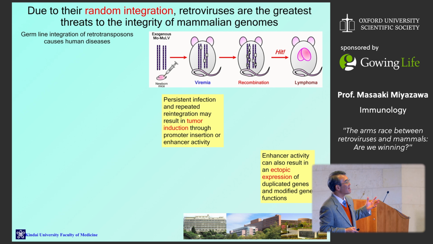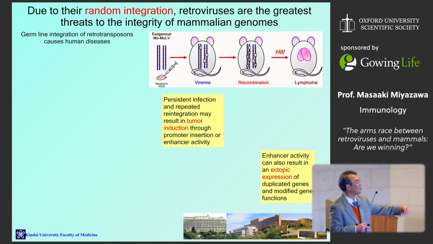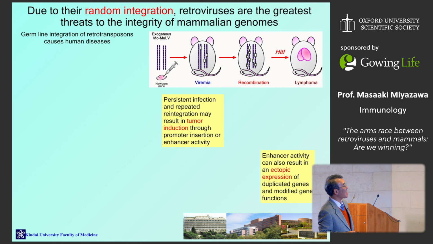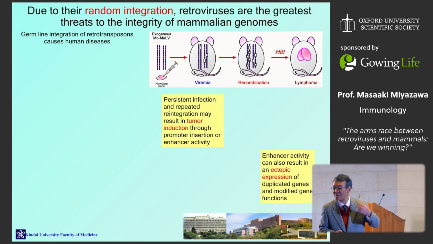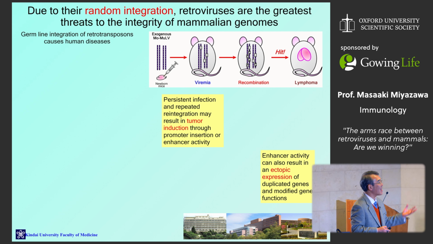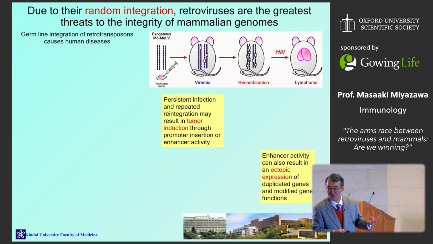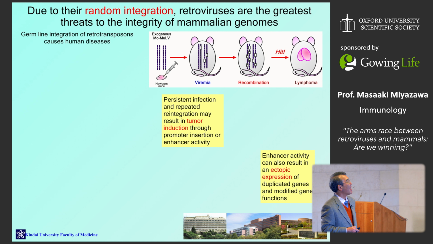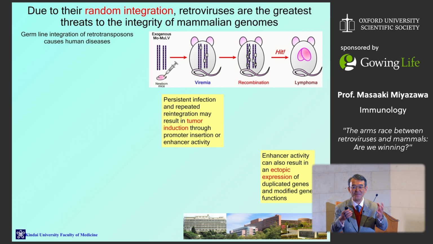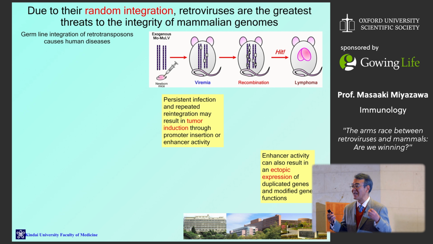As a consequence of repeated infection, the integration sites continue to increase and finally hit some gene that is associated with cell proliferation or differentiation and cause lymphoma or leukemia. So the mechanism of induction of leukemia by retroviral infection is not because the viruses contain cancer-inducing genes.